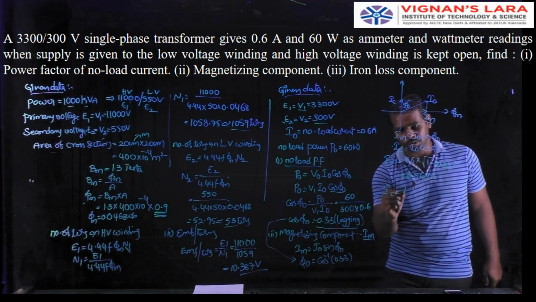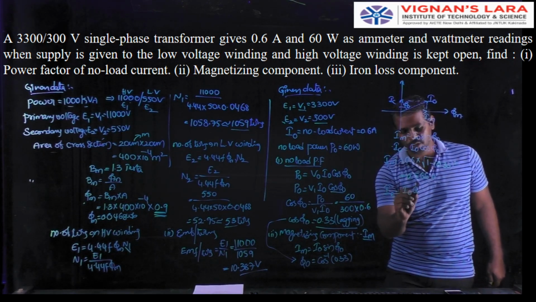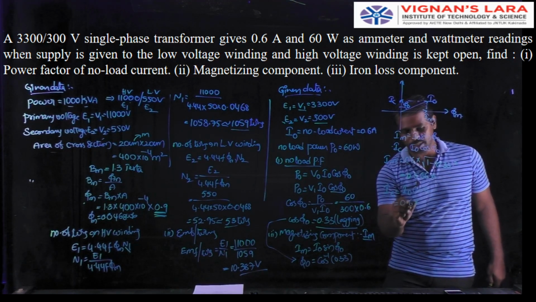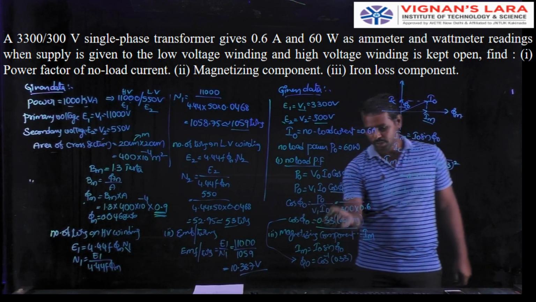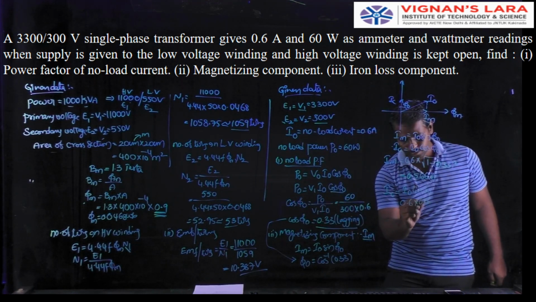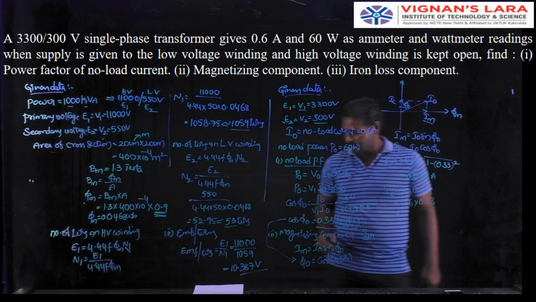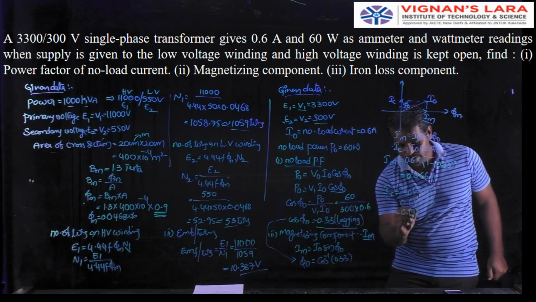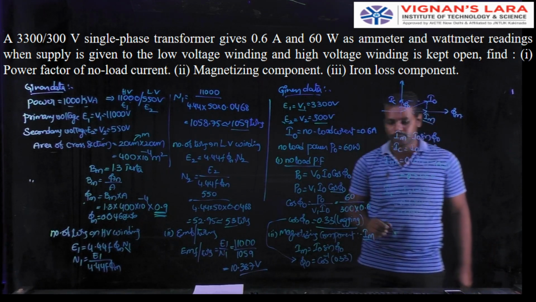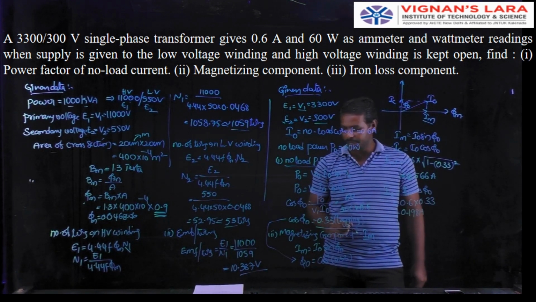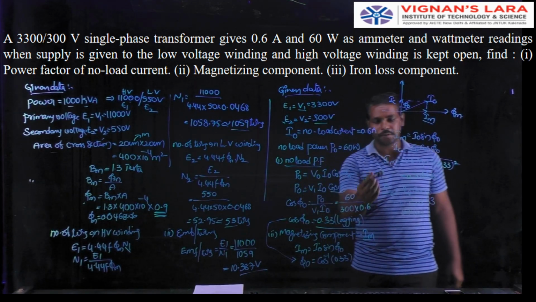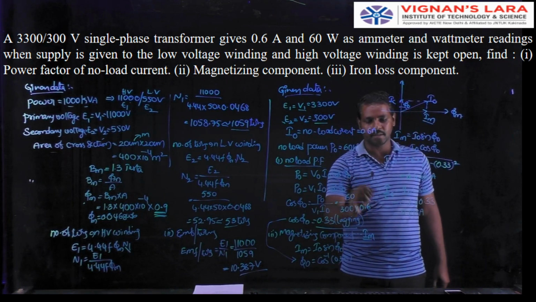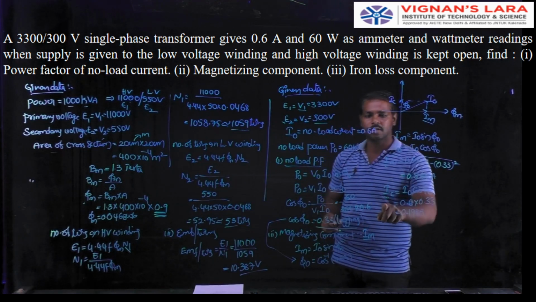Similarly, we can find the IC value, or core loss component. IC is equal to I naught into cos phi naught. I naught is 0.6 into cos phi naught, 0.33, which is equal to 0.198 amperes. So again, we found the iron loss component and the magnetizing component.